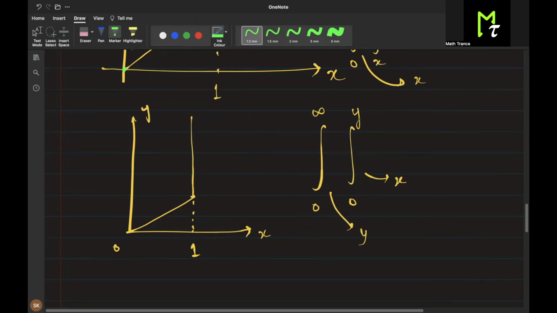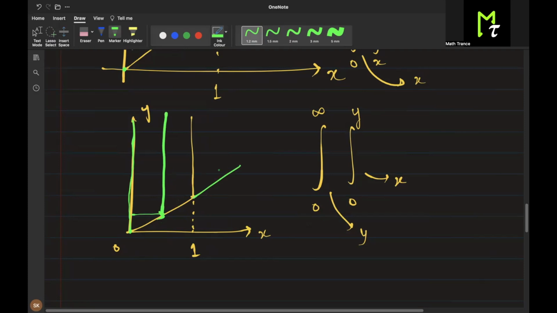But because y is unbounded, suppose y equals 0 will give me this thing, and y goes from 0 to infinity. x is here itself. Next, y equals 0.5 will give me this. So x is going from 0 to 0.5, and y is going this way.